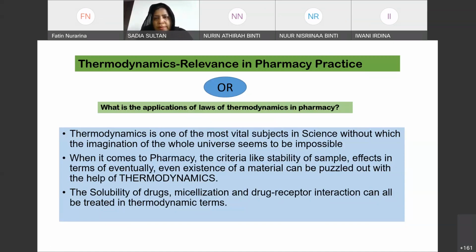Thermodynamics is one of the most vital subjects in science, without which the imagination of the whole universe seems impossible. Why is it vital? Because all the processes around you, inside your body, all belong to thermodynamics. For example, if you go to a restaurant and have a hot cup of tea on your table, when you touch it, it's very hot.